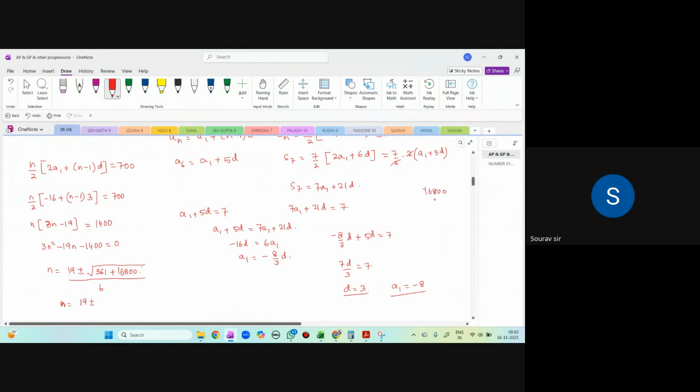16,800 and 361 is 17,161. So you have to find the square root of that. So square root of 17,161.